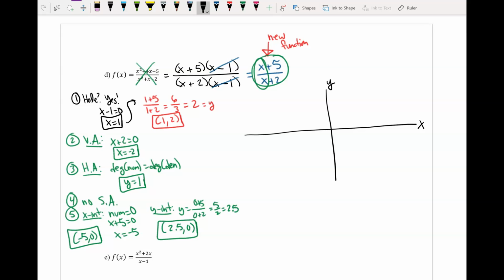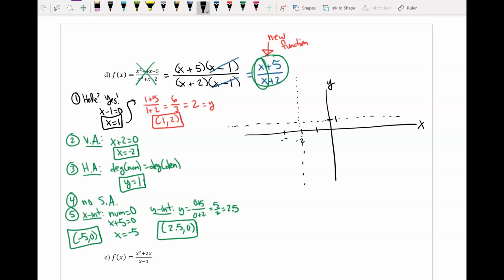So we start off with my vertical asymptote at -2. So I'm going to draw this. We're going to also find my horizontal asymptote, that's at y equals 1. And then we're also going to have a couple intercepts. So x-intercept at -5, 0.